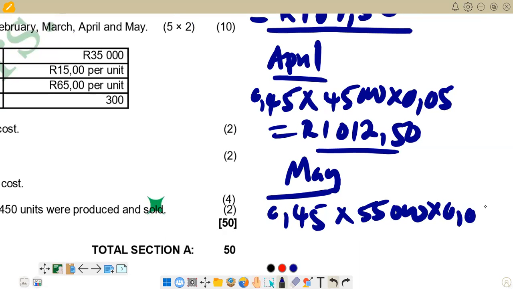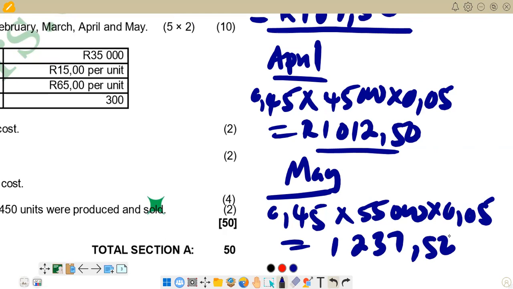Then we multiply by 0.05. Right, so if we multiply that one, we get 1,237.50. So that's what we have in terms of the table that we are given there in terms of the calculation of the component of bad debt.